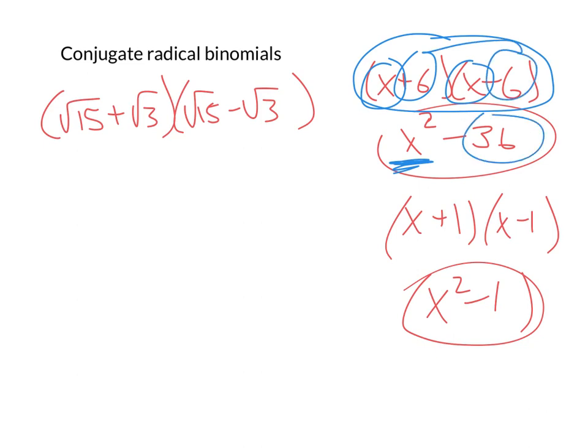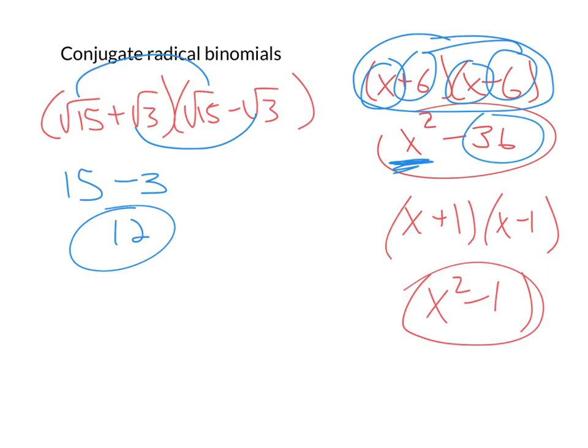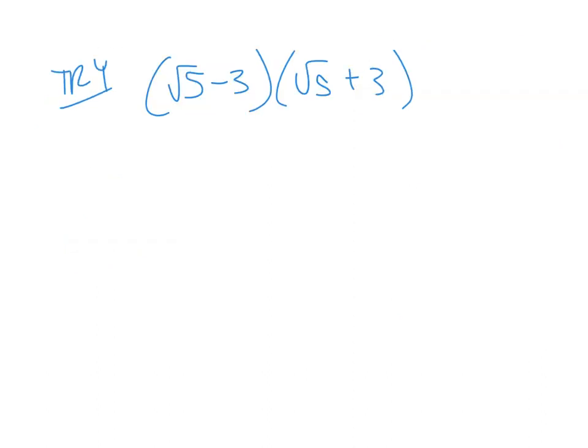So we're going to do the same thing here. Root 15 times root 15 is just 15. Root 3 times negative root 3 is minus 3. And so we would get 12. All right, so you try this one.